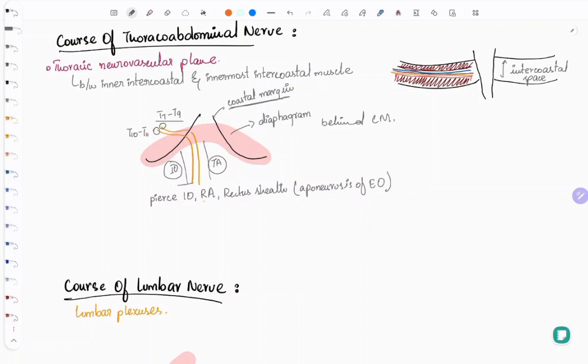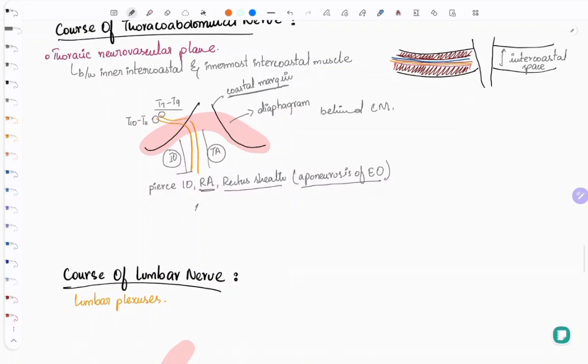Then above it is the rectus abdominis muscle, and above it is the rectus sheath, formed by the aponeurosis of the external oblique, and the nerve arises superficially, giving off two branches, a lateral cutaneous branch and an anterior cutaneous branch.